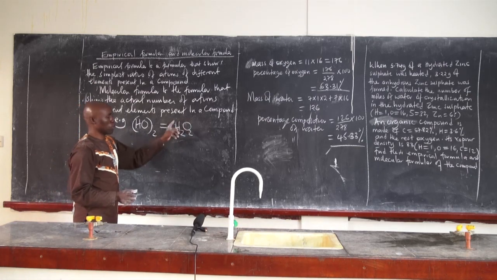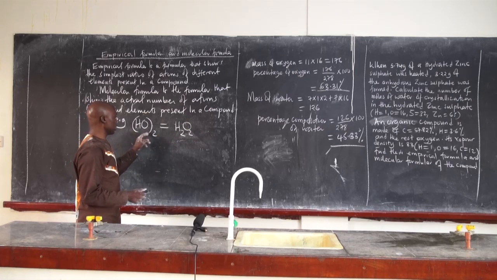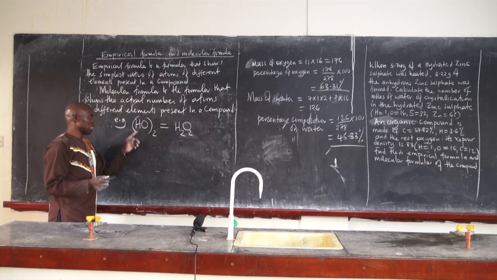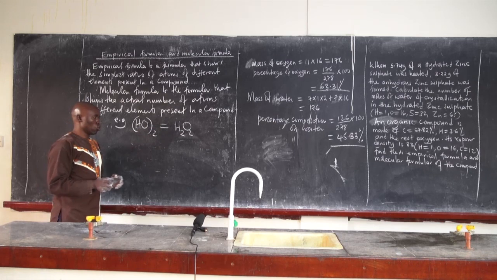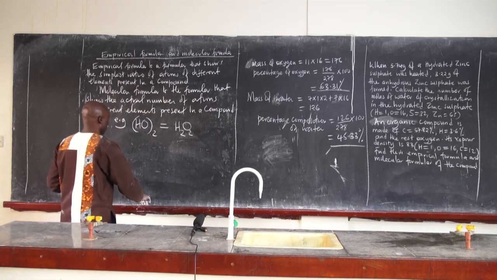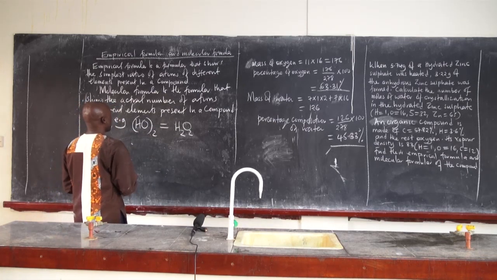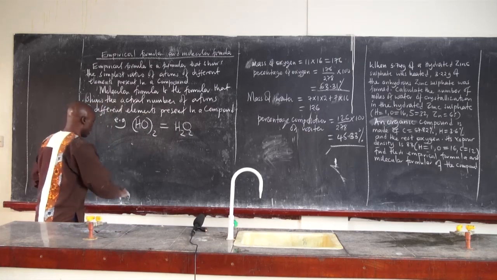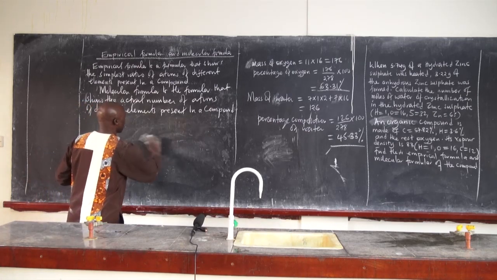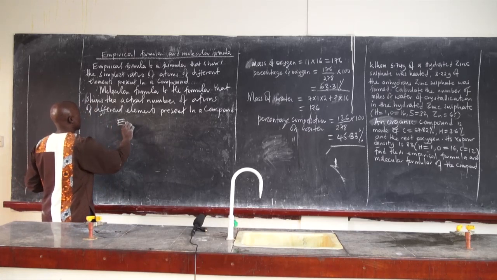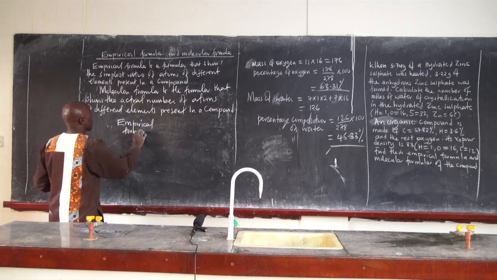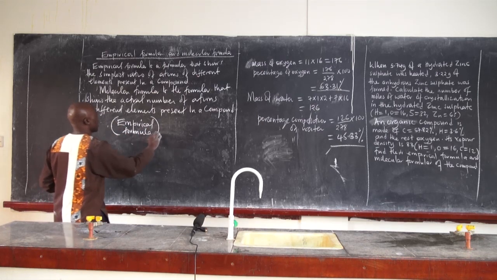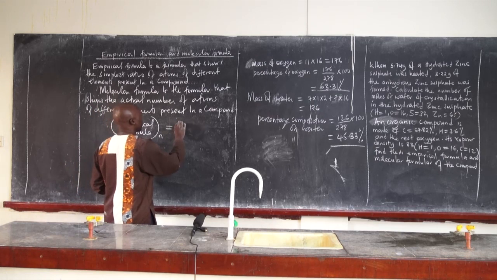So this H2O2 is the actual formula, called hydrogen peroxide. HO is the formula which just shows that we need to multiply by a factor to get the actual formula. So HO is the empirical, simplest formula. We multiply the empirical formula by a certain number to get the molecular formula. So empirical formula times n must give us the molecular formula.